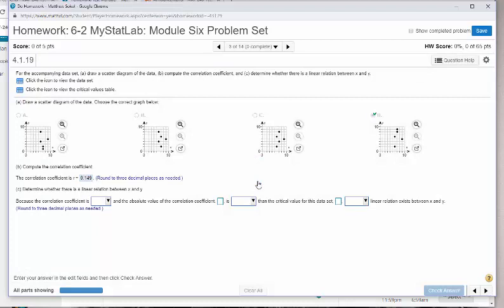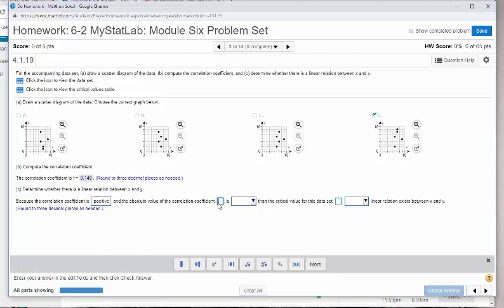The next one says determine whether there is a linear relation between x and y. Let's go through what the options are. Because the correlation coefficient here looks positive, and the absolute value of a positive number is still a positive number.